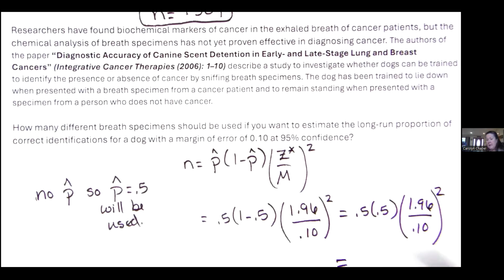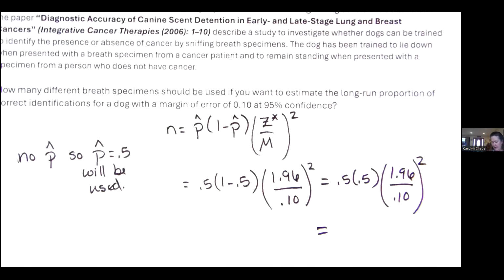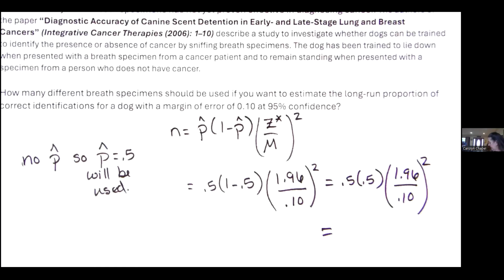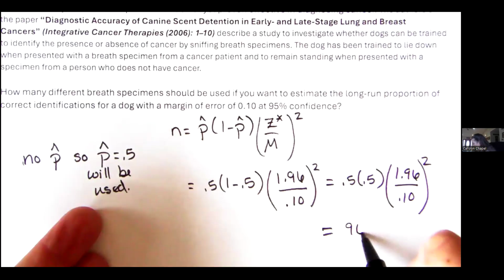Again, we're going to the calculator, taking 1.96 divided by 0.1, first of all squaring that number, times 0.5 times 0.5, and we come up with 96.04.